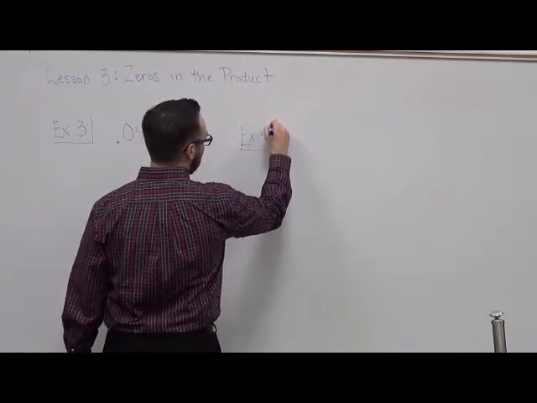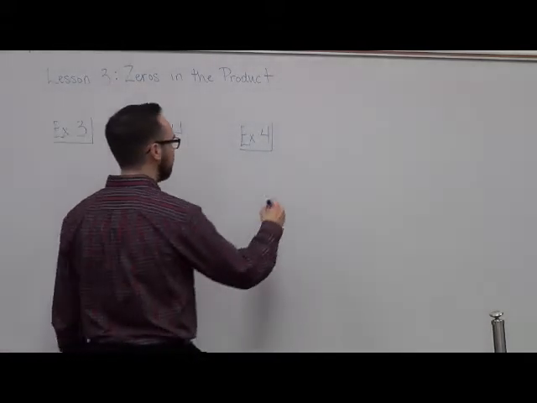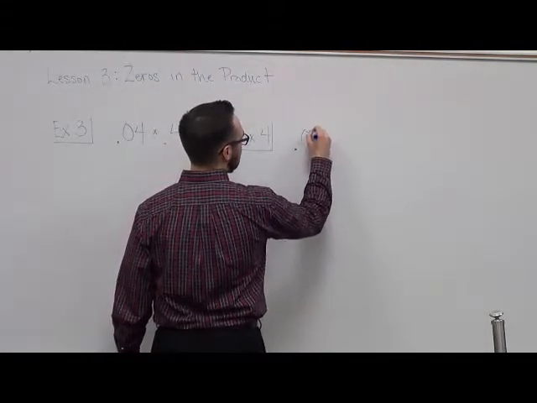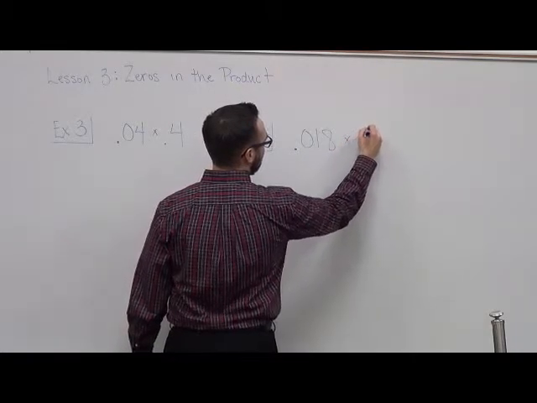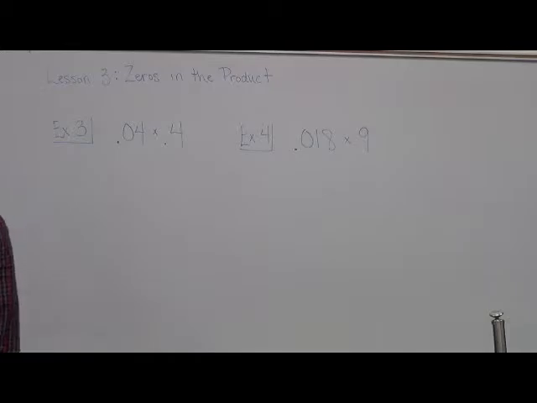And the number 4, we will make it 0.018 times 9. So go ahead and multiply those 2 numbers out, see what you get. Again, if you need more time than I'm giving you, you're welcome to pause the video and then come back to it.